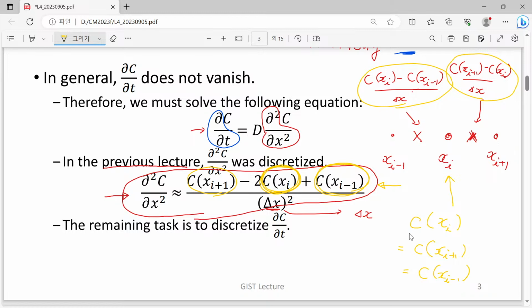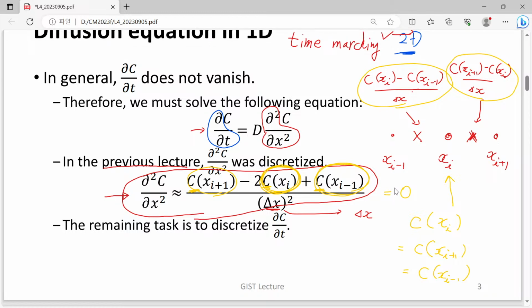If we have this kind of uniform or constant c values, then immediately this term and this term counterbalance, and we have a vanishing second order derivative. It is quite obvious, because taking the second order derivative of a constant should vanish, and it is satisfied in this approximated form. Anyway, it was covered in the previous lecture.